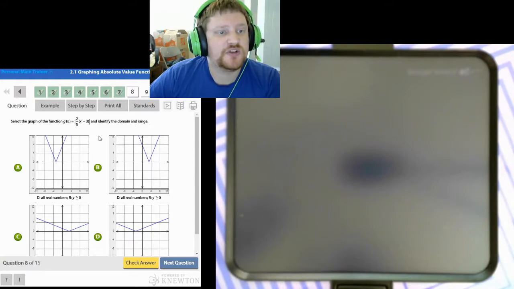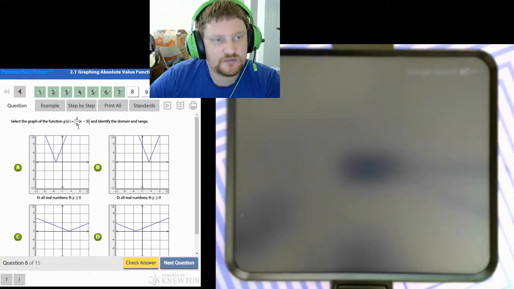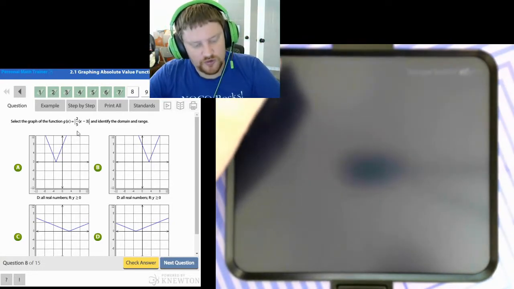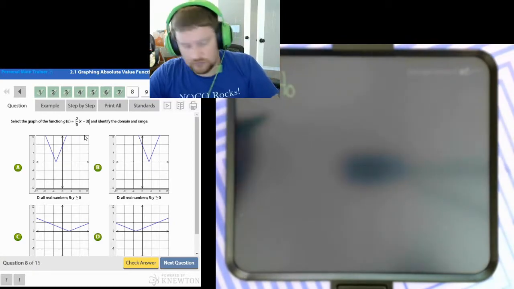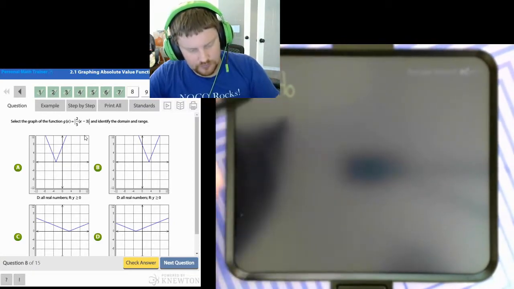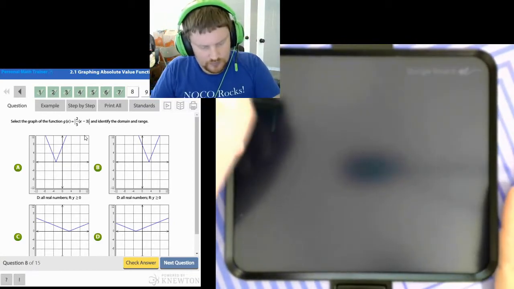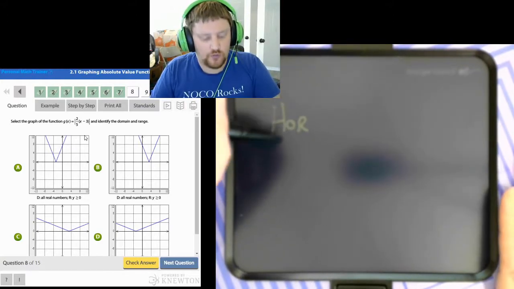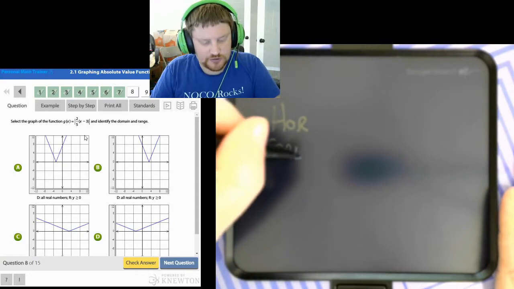Same exact question again, but this time we are still on the inside with this fraction. So we are going to be a horizontal stretch, and that number is smaller than 1, so it's a horizontal stretch.